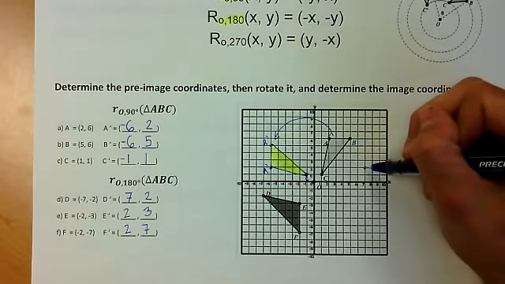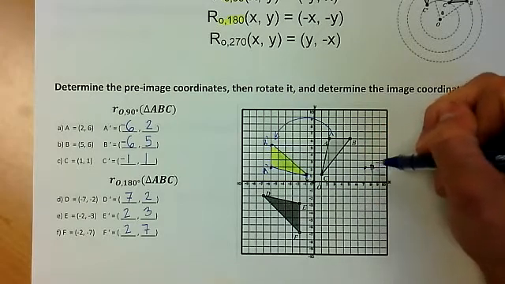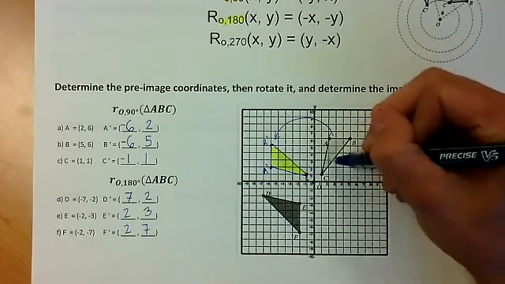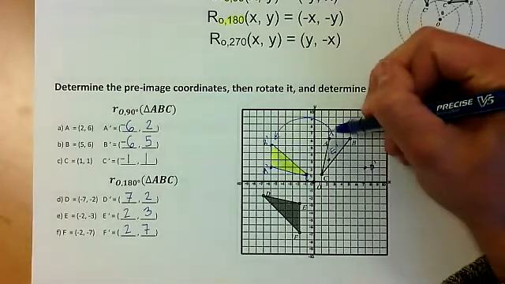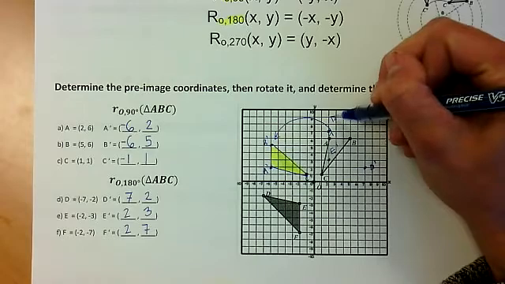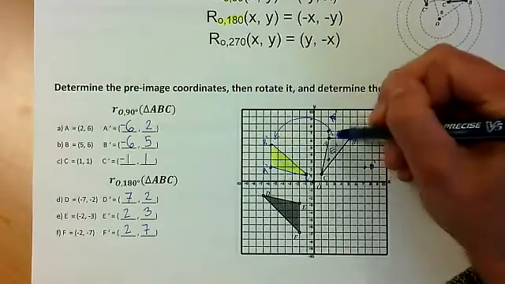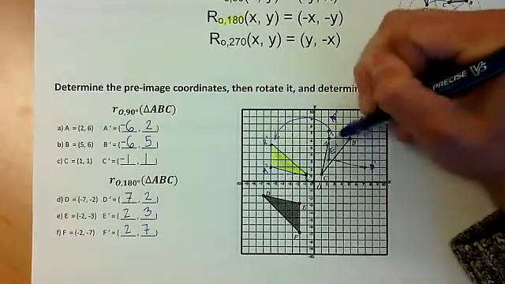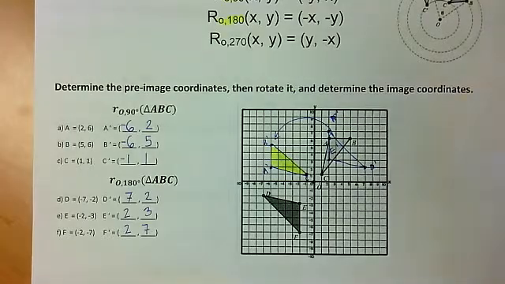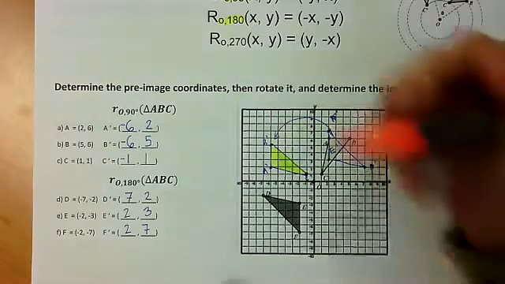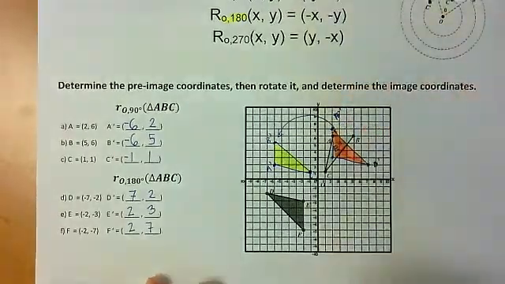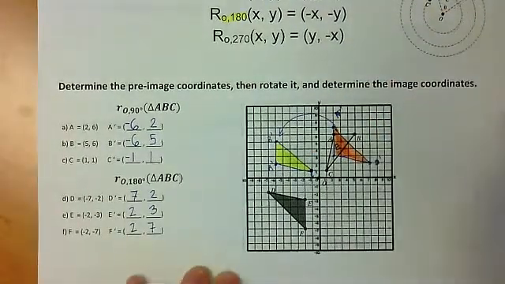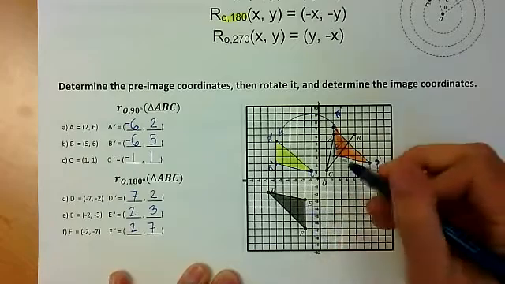So 7, 2 is D prime in this case. 2, 3 is E prime, and 2, 7 is F prime. So we're going to do a little overlap here. You can see that this figure, don't compare it to the ABC figure at all, is a complete 180-degree rotation from this one.